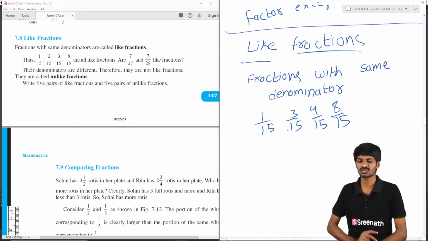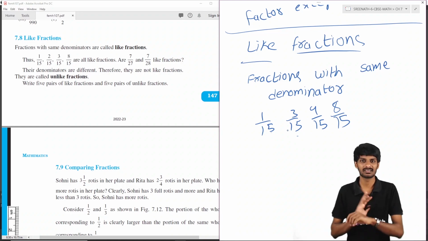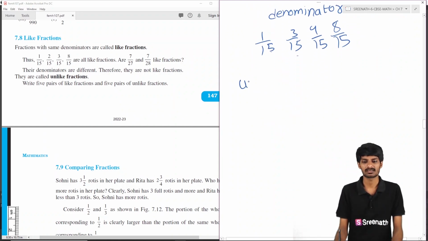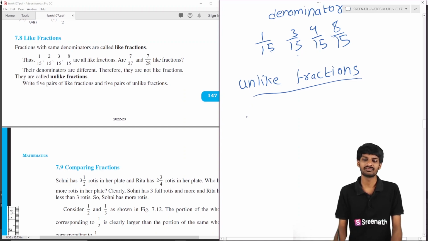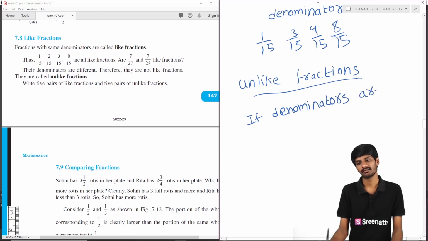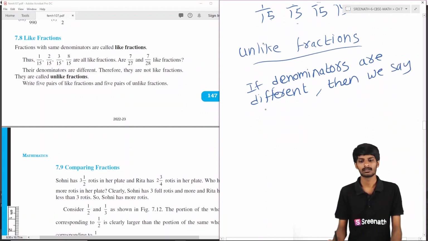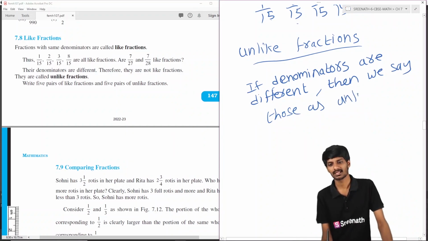Then what about unlike fractions, students? It is very simple. If the denominators are different, then we say those are unlike fractions.